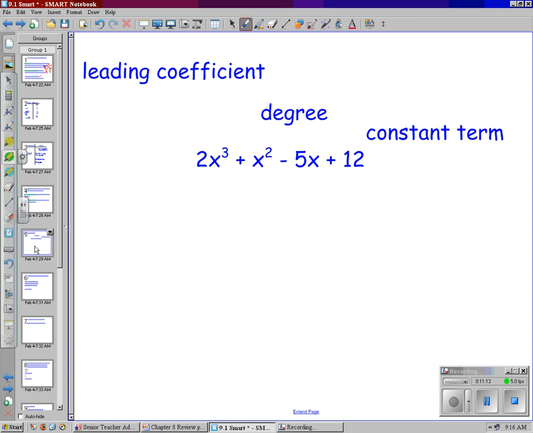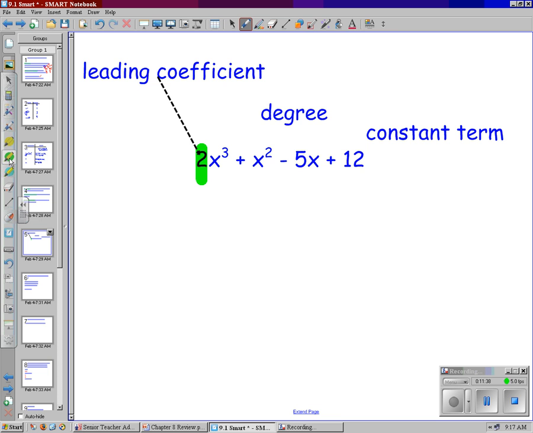So what's the leading coefficient? 2x to the third. Just the 2. It's the number in front of the variable with the highest degree. So you should be looking at just that number.